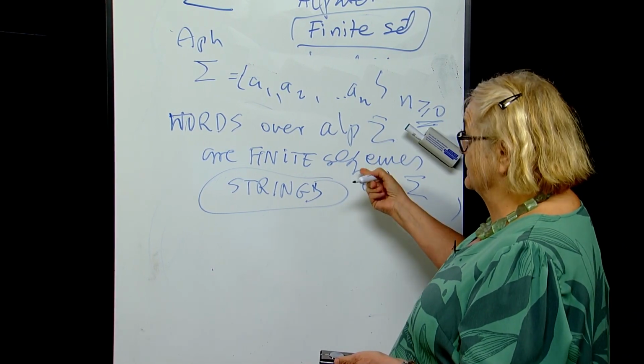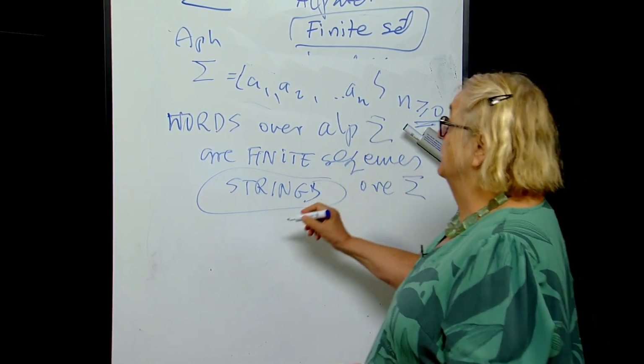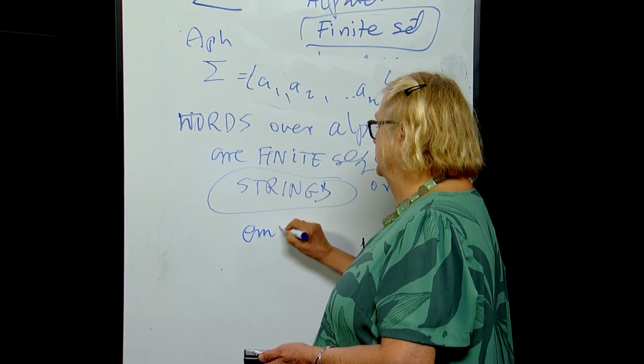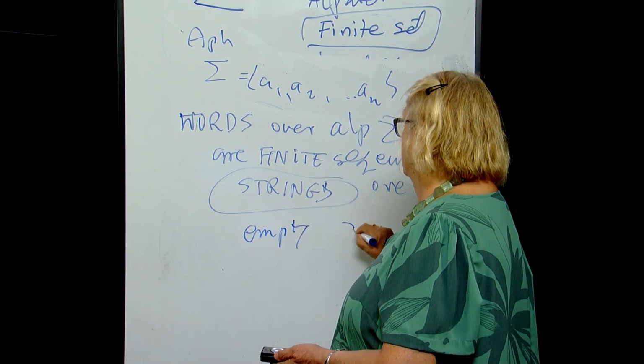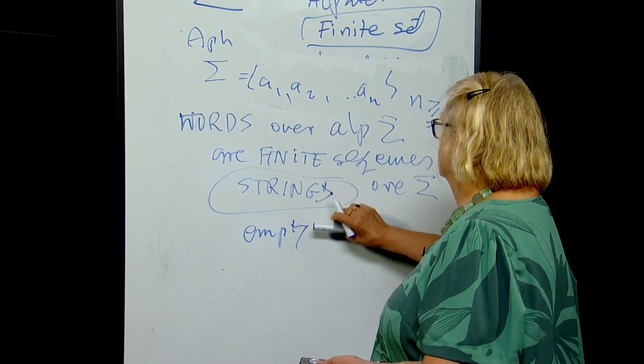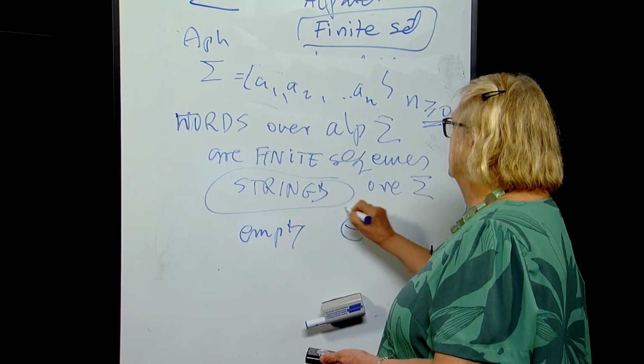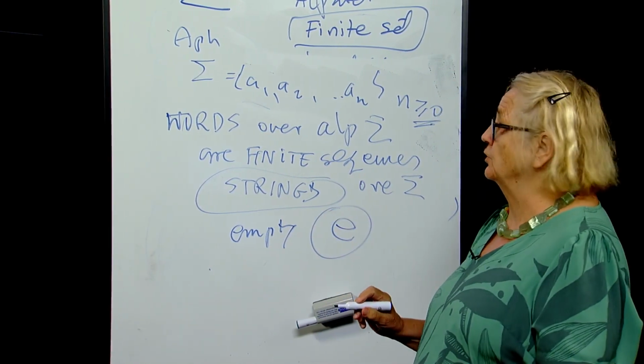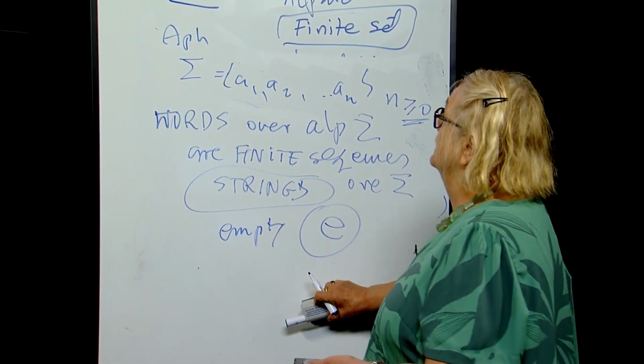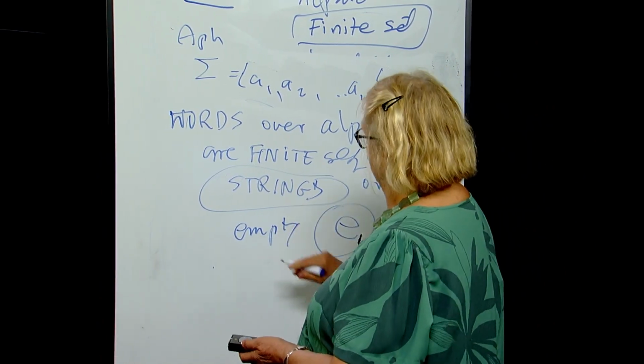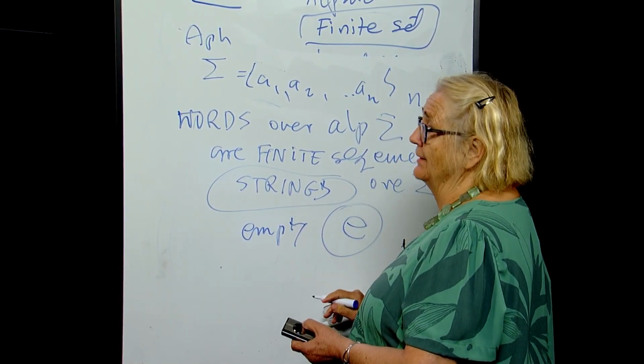And finite sequences over sigma include the empty one. And we denote, as I already said, epsilon as the empty sequence.